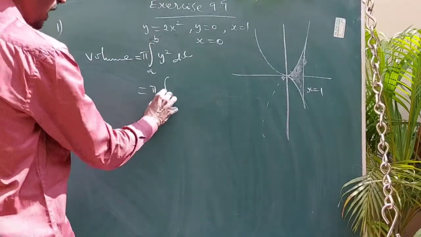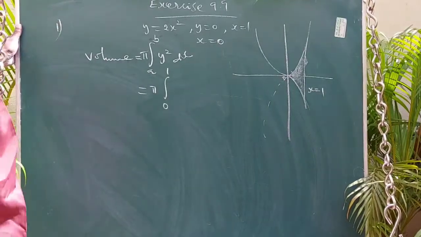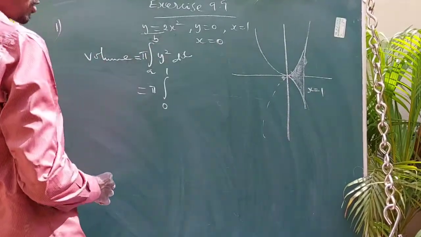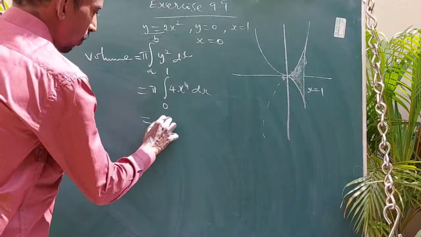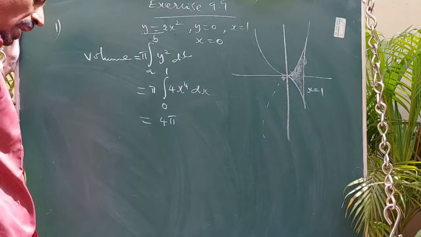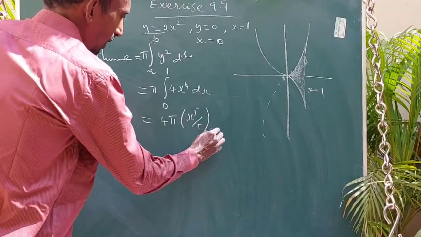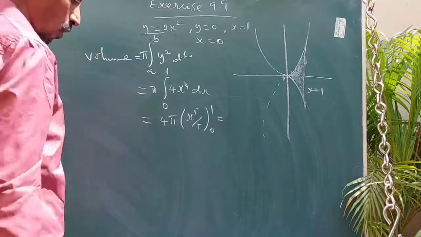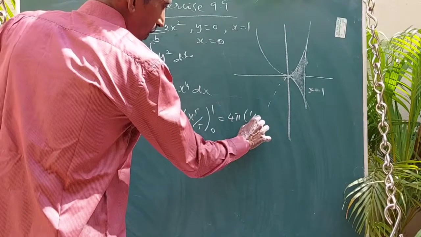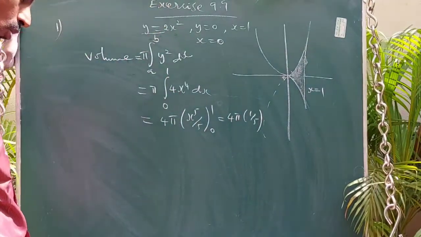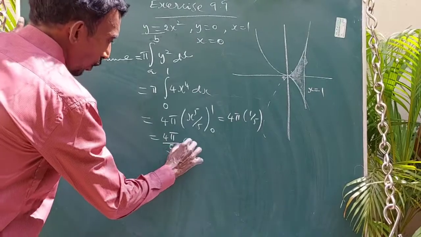Here pi integral with limit 0 to 1. y is 2x square, so y square means 4x power 4 dx. 4 pi is a constant; integrating x power 4 gives x power 5 by 5, limit 0 to 1. If you put 1, we get 1 by 5, so 4 pi into 1 by 5, and the lower limit 0 gives nothing. So the volume is 4 pi by 5 cubic units.